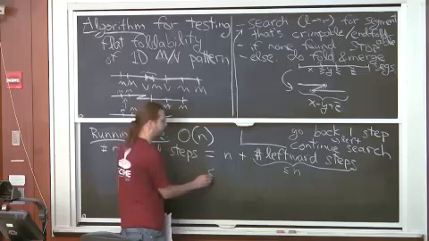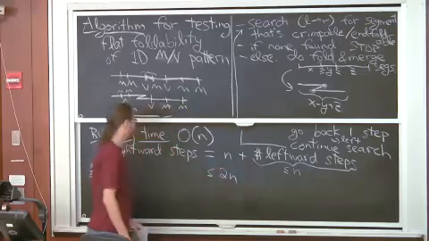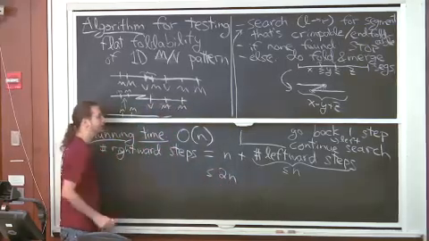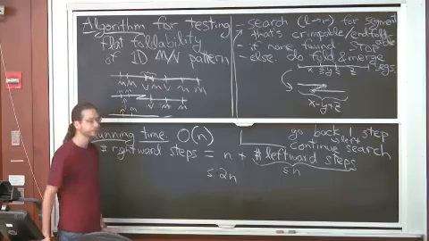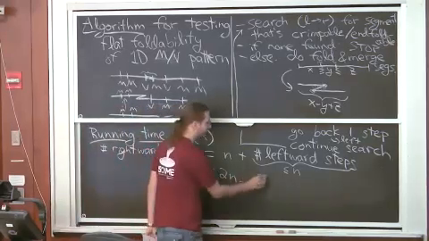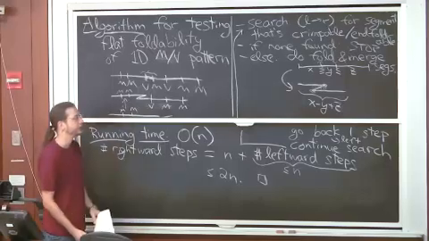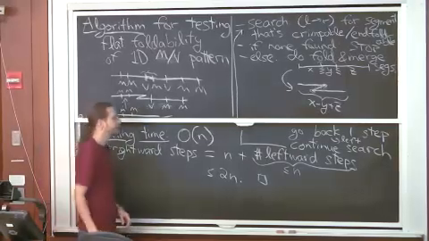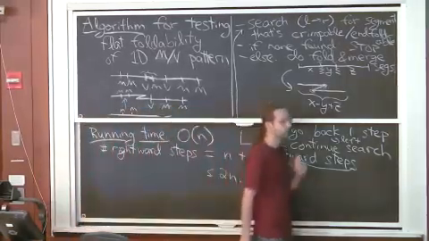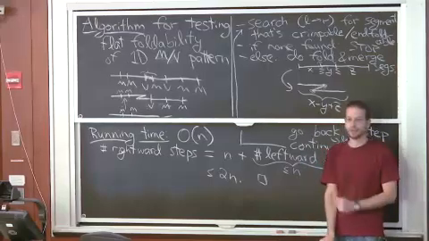But the point is this is at most 2n. And so the number of rightward steps we make is linear, and so the overall running time is linear. For the algorithms people, this is a very simple amortization argument. We're charging the leftward steps to the folds that we're doing. So that's an easy way to do 1D flat foldability testing for mountain valley patterns.